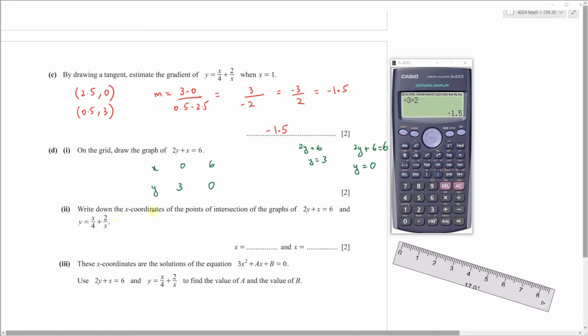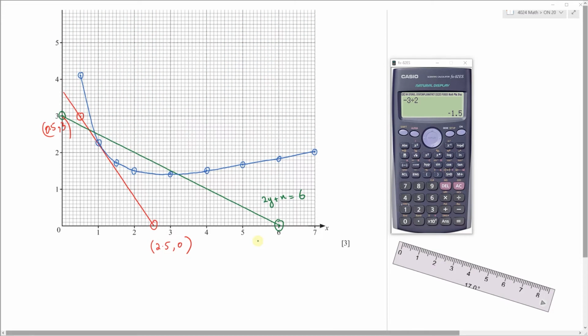Part 2 is write down the x coordinates of the points of intersection of this straight line and the curve. So you have already drawn the two graphs. We have to find the x coordinates. So the first point of intersection is this one right here. If I draw a straight line from this to the x-axis, this is 3.1, 3.2. So this is almost 3.2.